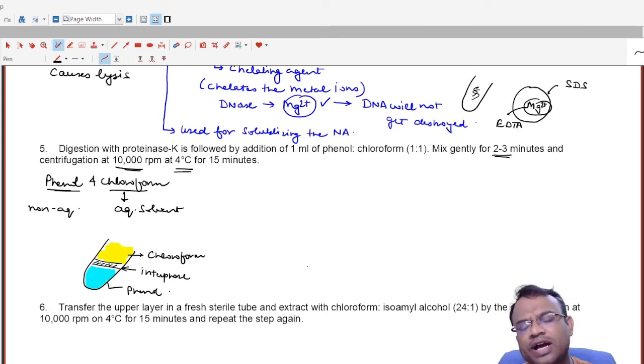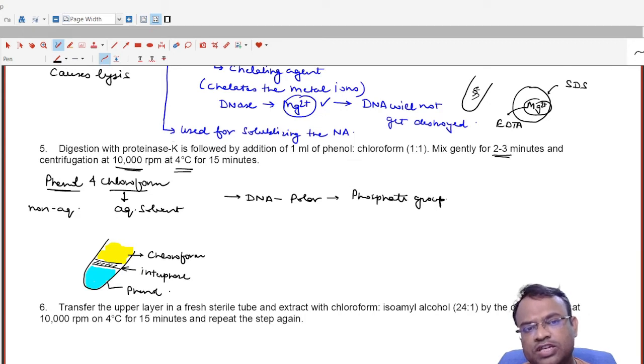Now what I want you to understand over here is that DNA is polar. Why is the DNA polar? Because it has phosphate groups. These phosphate groups are negatively charged, and because of that there is polarity in DNA. You would be knowing that like dissolves like.